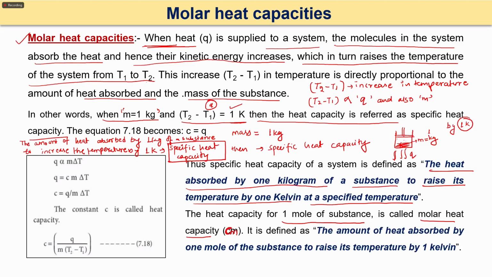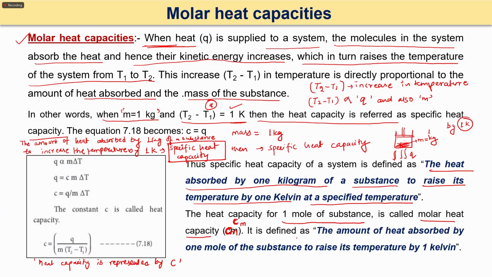M represents molar, C represents heat capacity. Heat capacity is represented by C, and molar heat capacity is represented by Cm.